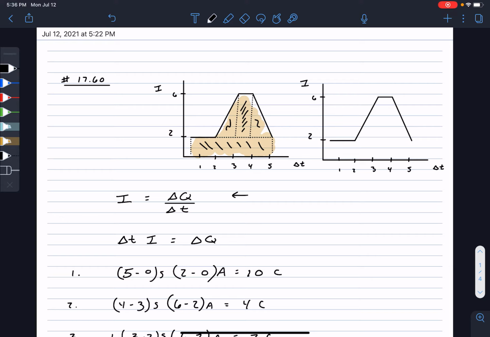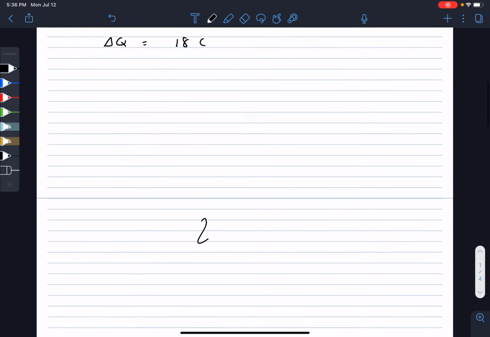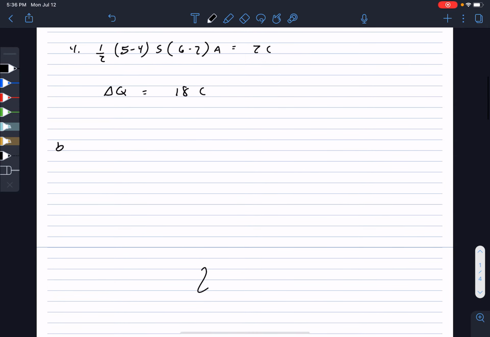Great. Okay, next. Part B asked us to find what constant current would transport the same total charge during the 5-second interval as does the actual current. So what does that mean? It's asking us to find a current. Total charge is 18.